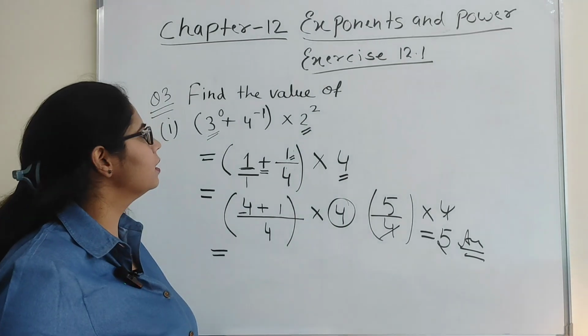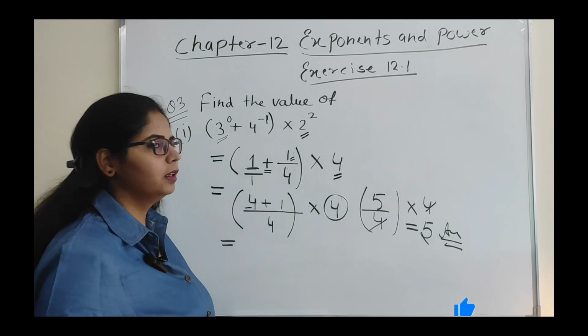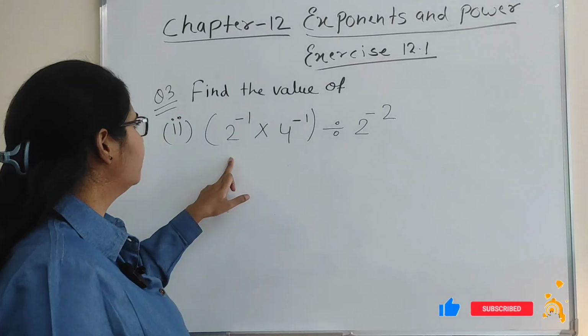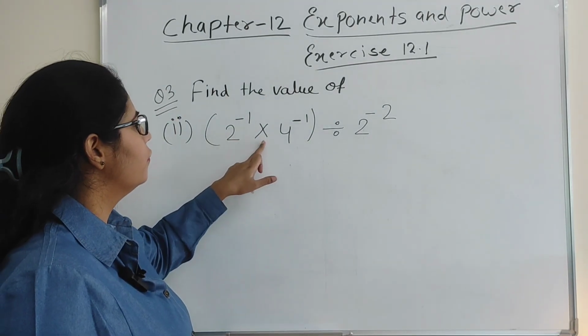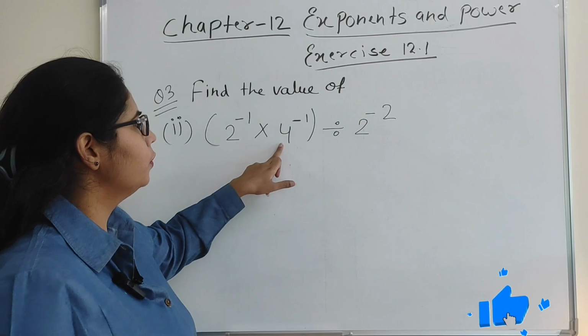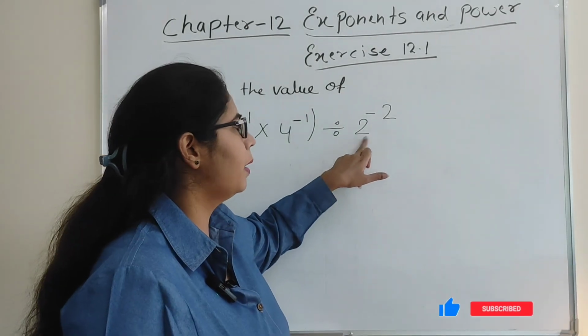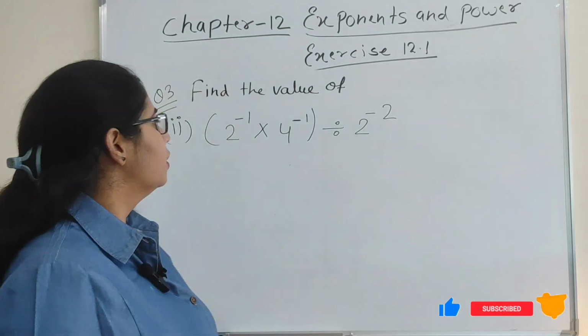Now we will see the second part of the third question. Our second question is 2 to the power negative 1, which is multiplied with 4 to the power negative 1, which is divided with 2 to the power negative 2.